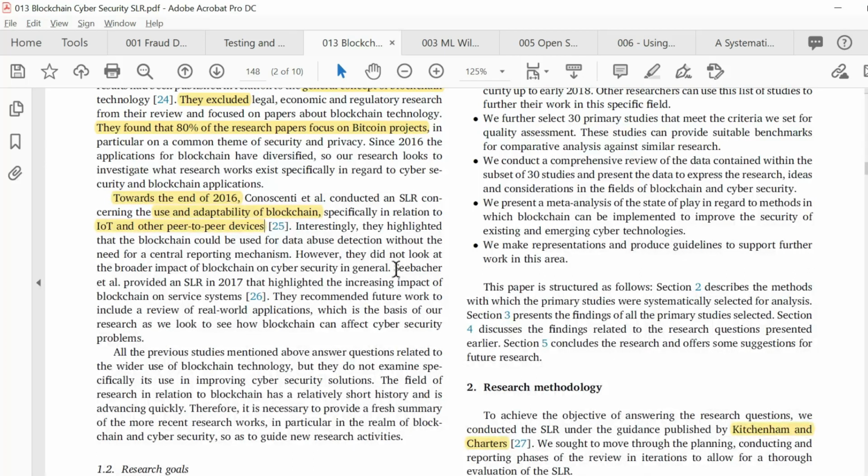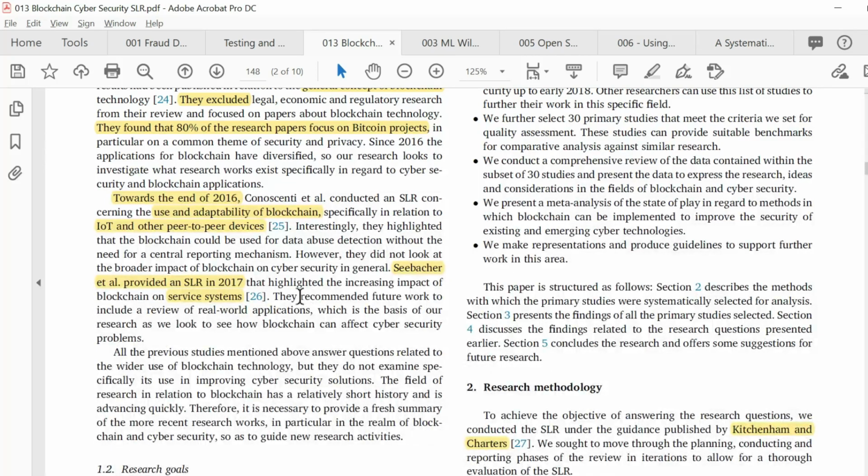If we look further down, we have another paper, C. Baker et al. proposed an SLR in 2017 that highlighted the increasing impact of blockchain on service systems. So another different area.